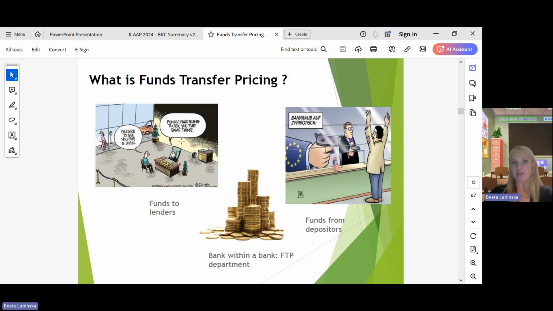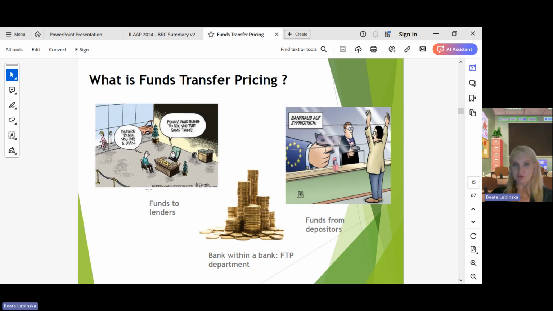And of course, in the FTP process, nothing is for free. Like we used to say, in FTP, no free meals. That means that, given that they are receiving liquidity from the central unit, from ALM or Treasury Department, therefore they have to pay for this.